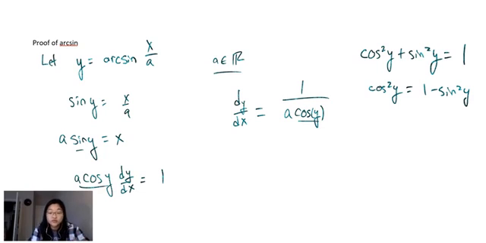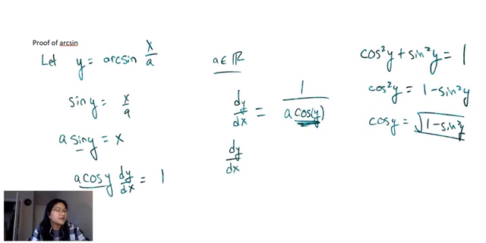So we can resolve that issue by taking the square root. So we have cosine of y is the square root of 1 minus sine squared of y. And from here, we can substitute this square root in where we have cosine of y. So we have dy dx equals 1 over a times the square root of 1 minus sine squared of y.